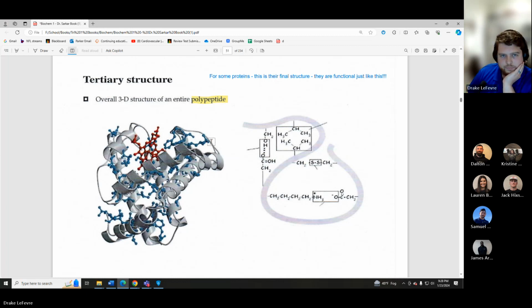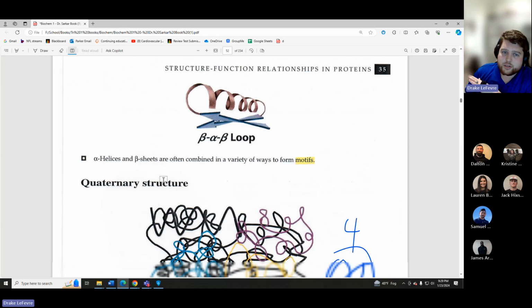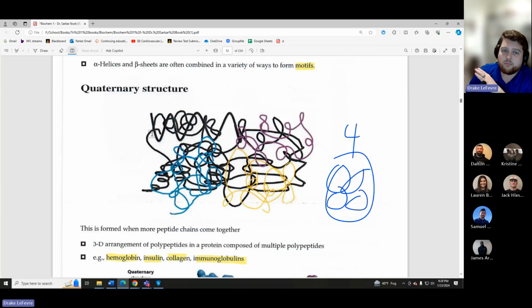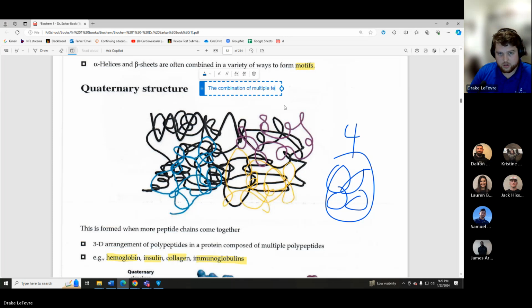Okay. Like I said, some proteins hit tertiary structure. That's it. They're done. They're good to go. They're functional. They go off and they do their job. For others, you need multiple tertiary structures. So this is the combination of multiple tertiary structures to form a functional protein.